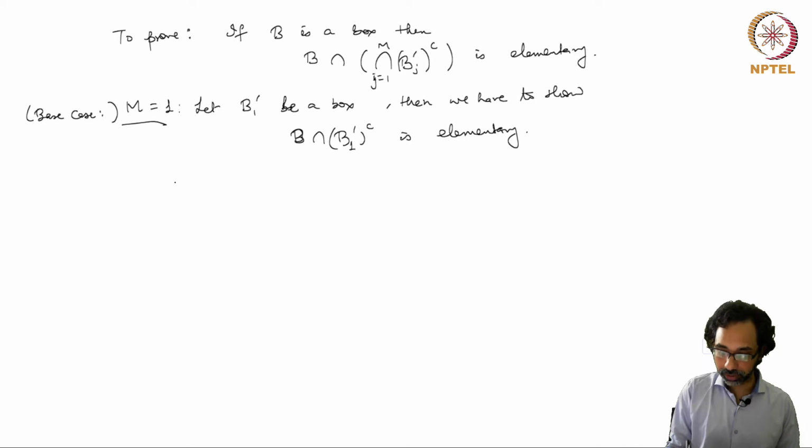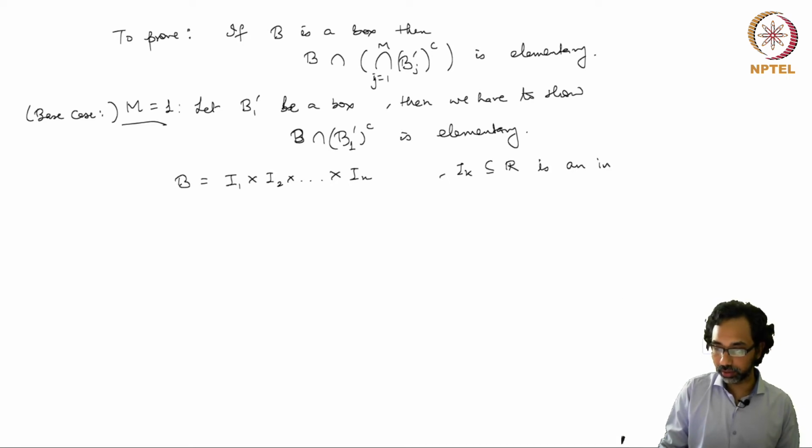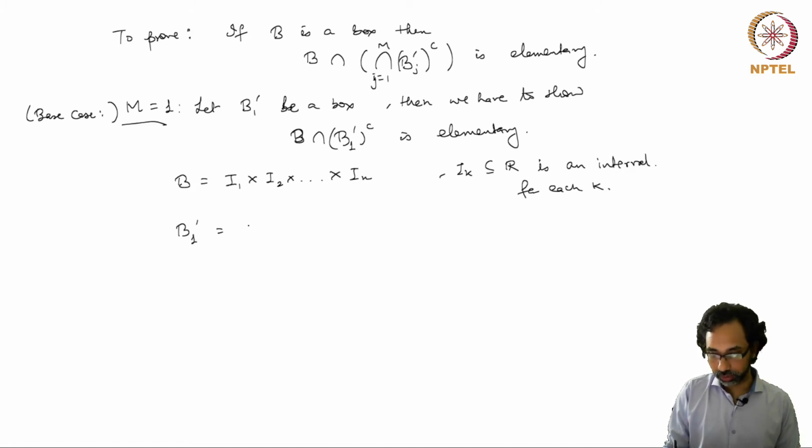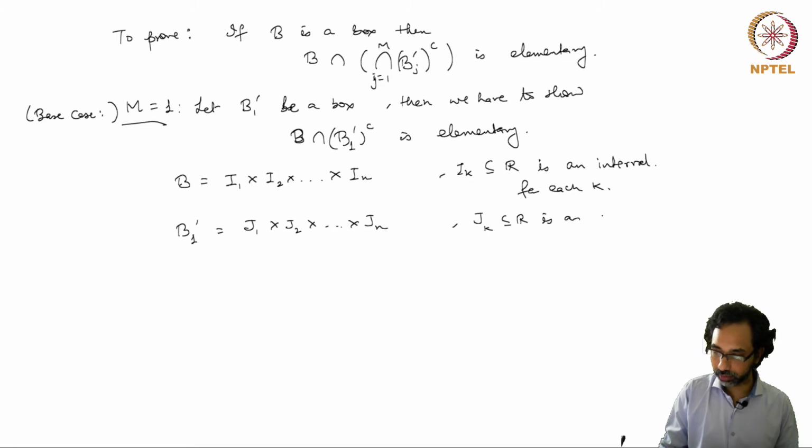So remember that B is a box, so it is a Cartesian product of intervals I1 cross I2 cross In, where each Ik is a bounded interval in R for each k. And similarly, B1 prime is a box, a Cartesian product of, let us say, J1, J2 cross Jn, and again Jk is an interval for each k.